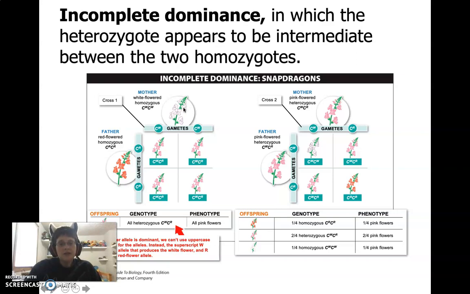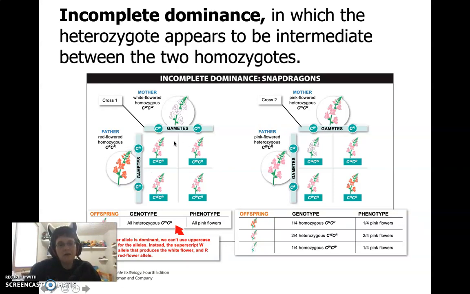When these two are crossed together, instead of getting red or white, what we end up with are pink snapdragons. So all of the offspring are pink. They each have a white and a red allele, and the two mix together to make pink.